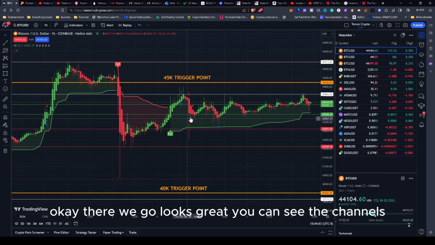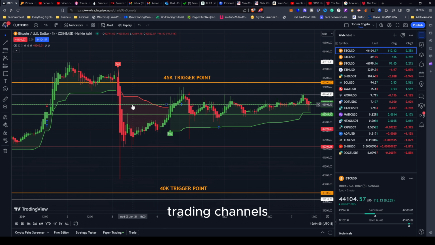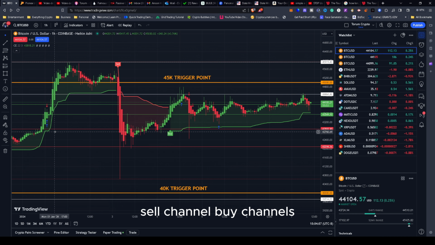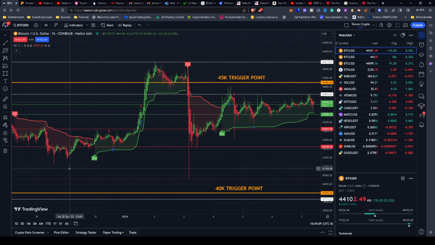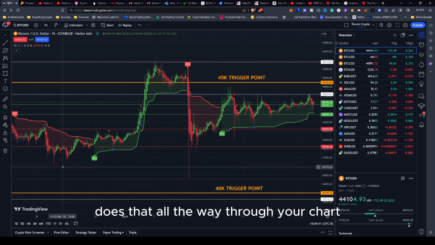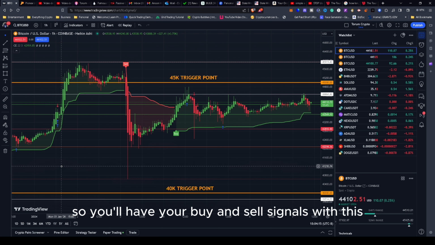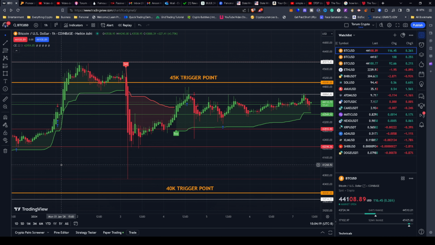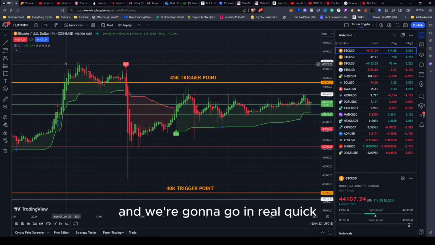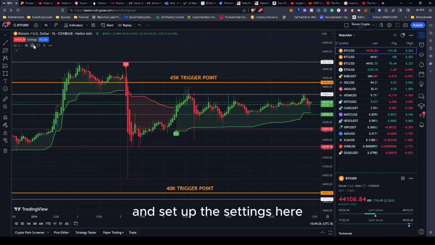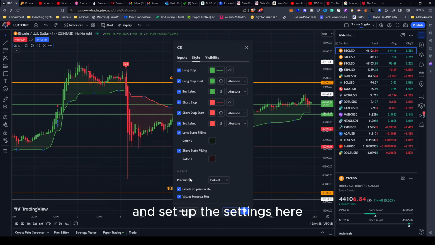You can see the channels, trading channels, sell channels, buy channels, all the way through your chart. So you'll have your buy and sell signals with this. And we're going to go in real quick and set up the settings here.